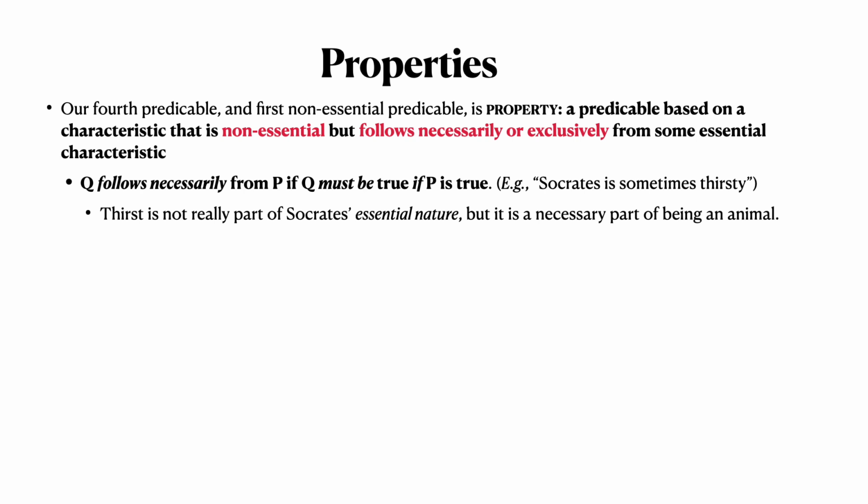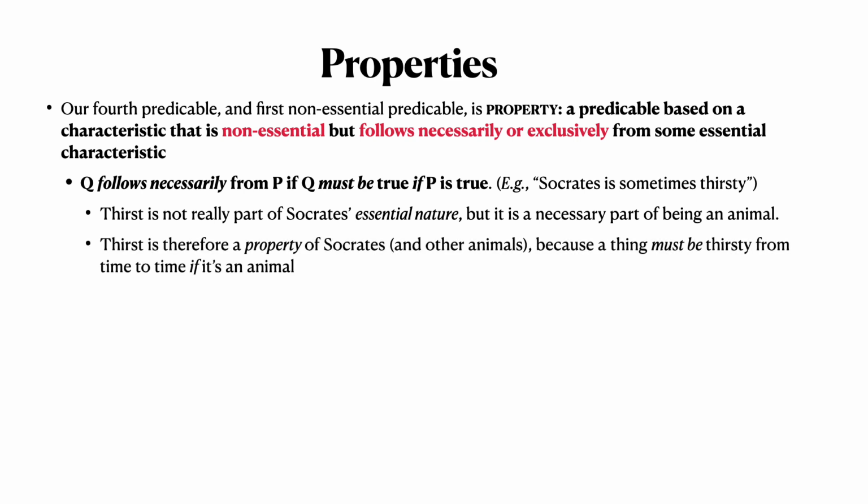Socrates could easily not be thirsty and he'd still be Socrates. But thirst is a necessary part of being an animal. So therefore, thirst is a property of Socrates and other animals because a thing must be thirsty from time to time if it's an animal. And since animal is the genus of Socrates, we'll call this a generic property because it follows necessarily from the genus of Socrates that he will be thirsty from time to time.